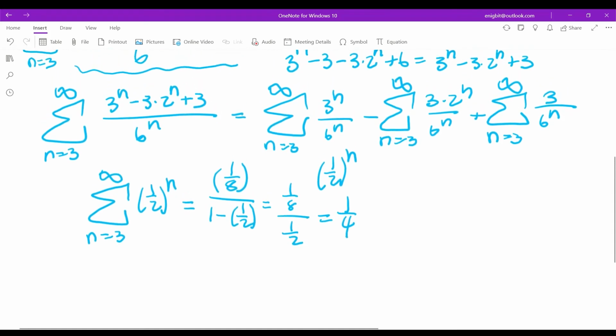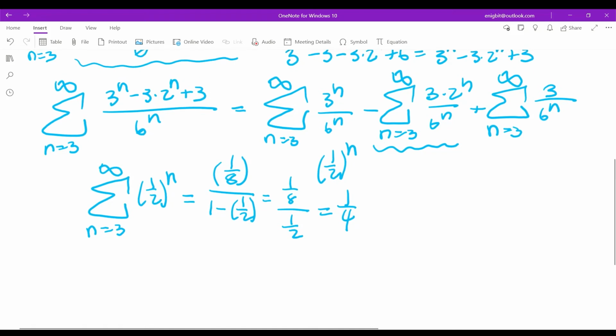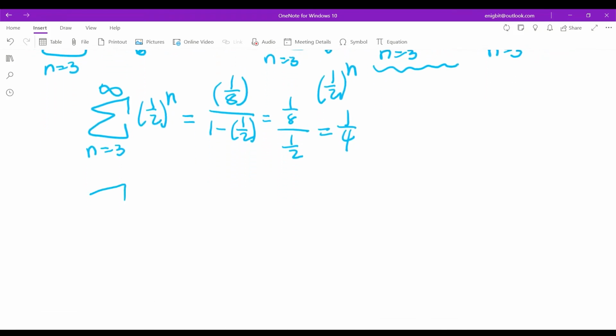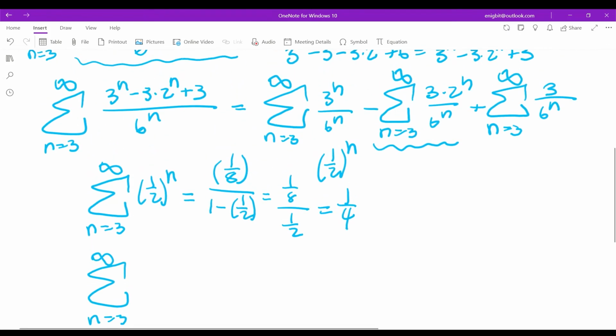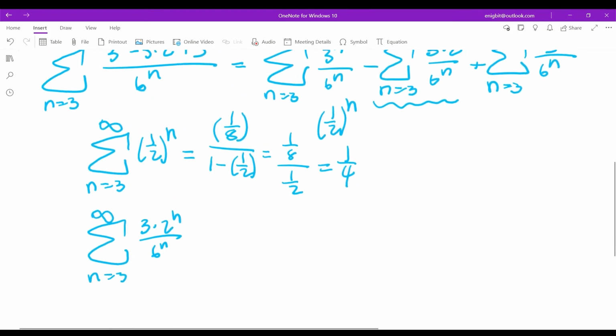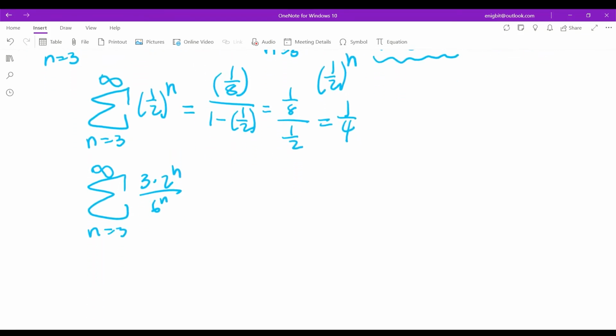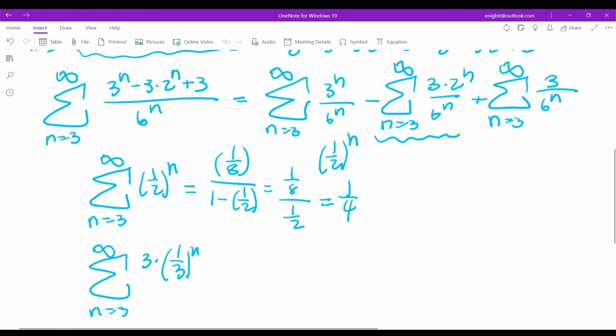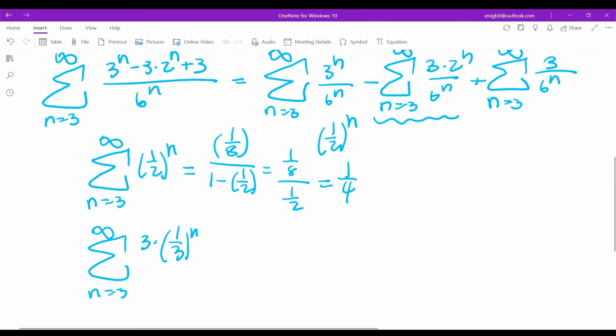Next, we want to evaluate this section right here, n equals 3 to infinity of 3 times 2 to the n over 6 to the n. That is just equal to 3 times (1/3) to the n, because 2 divided by 6 is 1/3.